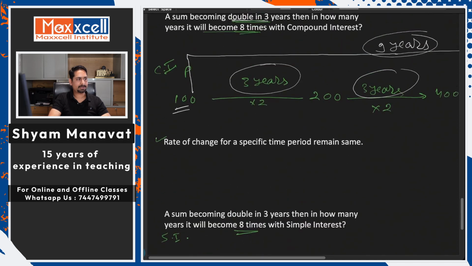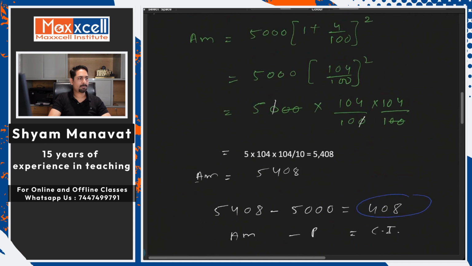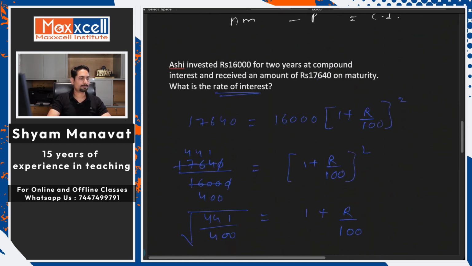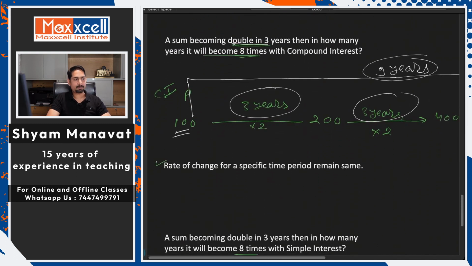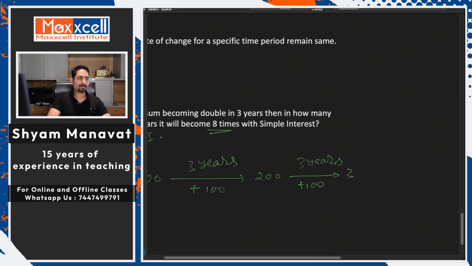In compound interest, look at the formula. Amount equals principal into multiply, right? In simple interest, there is no formula where we multiply. It's only addition. So plus 100. Next 3 years, it is again plus 100. So the value becomes 300. You getting it?